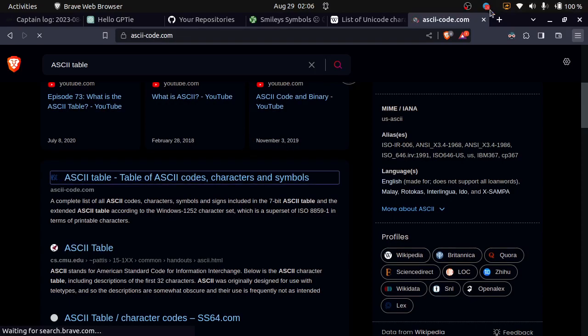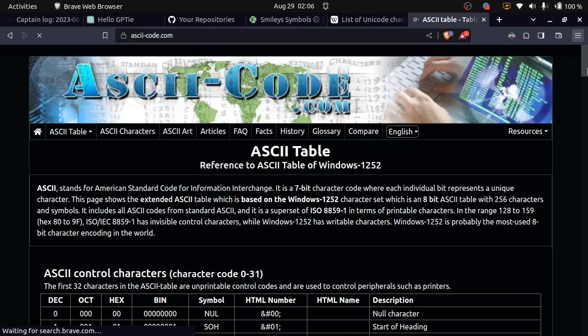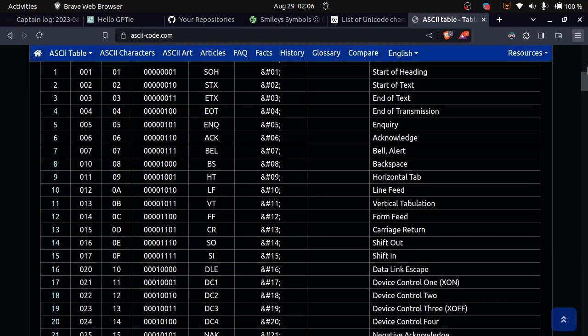Alright, so here we go. In the ASCII table, you see that this set of bits represents something, which is start of heading, start of text, and then it continues.